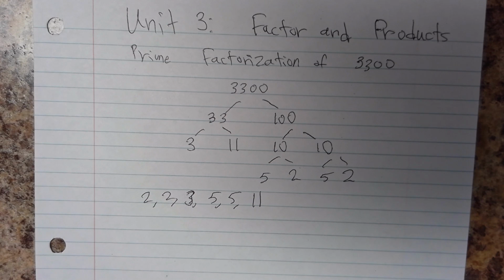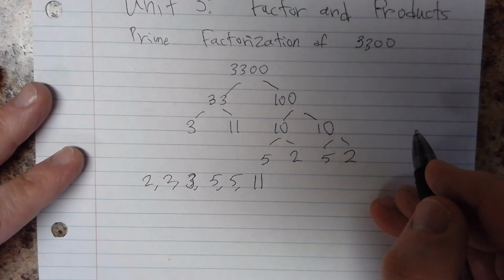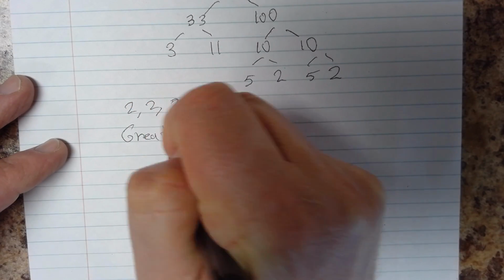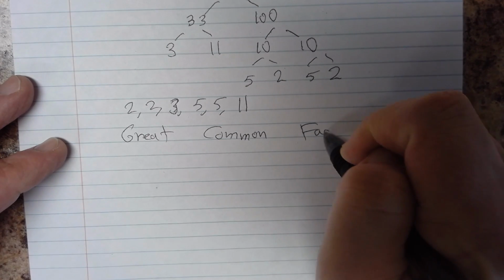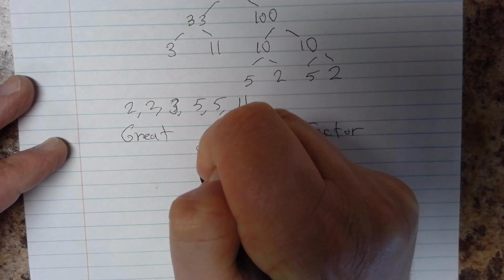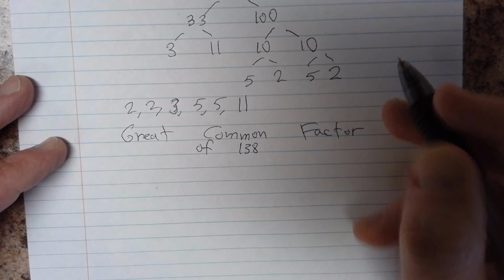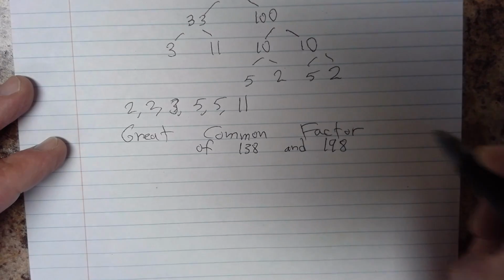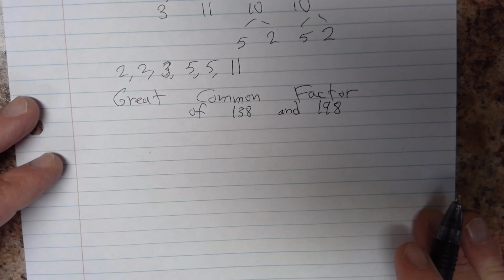Let's have a look at some work on the greatest common factor. I'm looking at page 136 now, if you want to flip over there. And we're going to look at the greatest common factor of 138 and 198. 138 and 198.